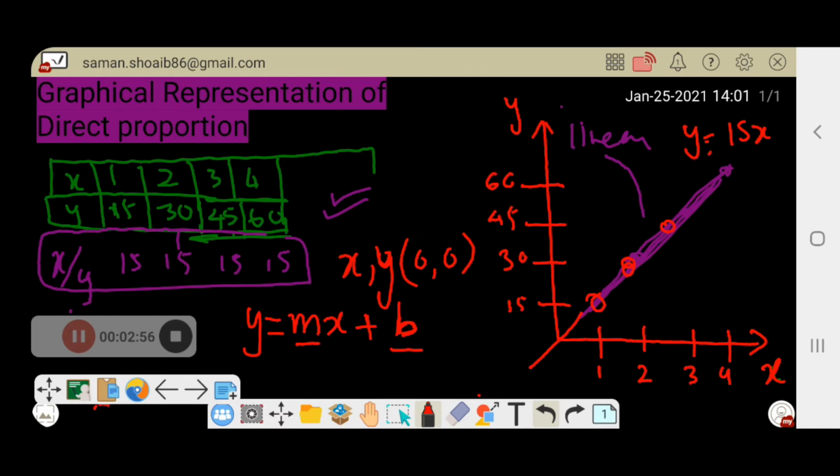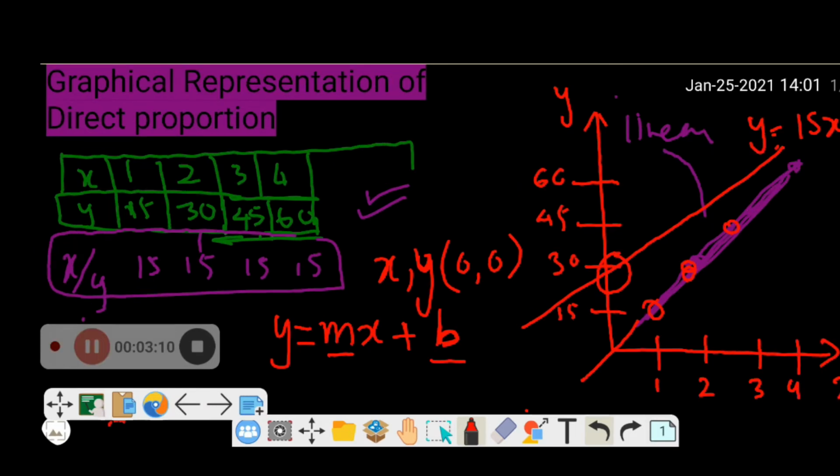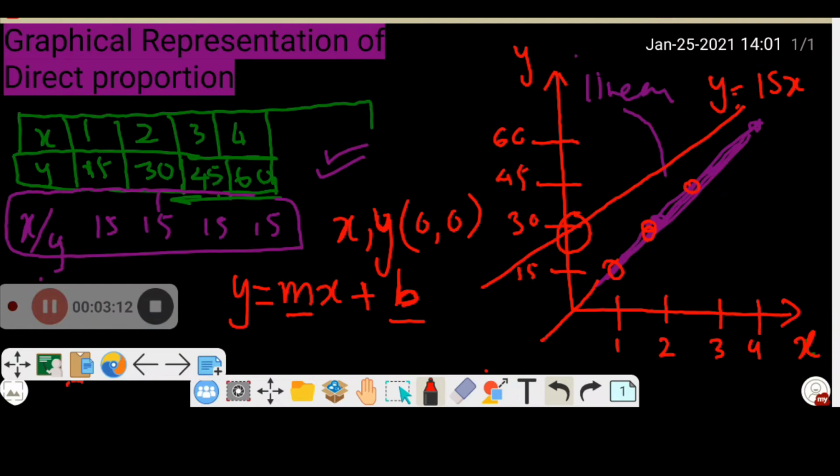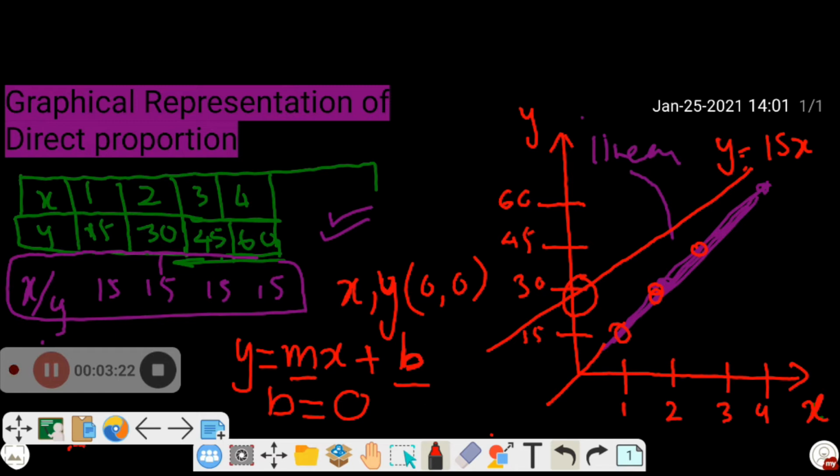That means with this formula our straight line is going to be like this. So this is the y intercept. Direct proportion is basically the special case of a straight line where b is 0. So if b is 0, our straight line will automatically fall on the origin.